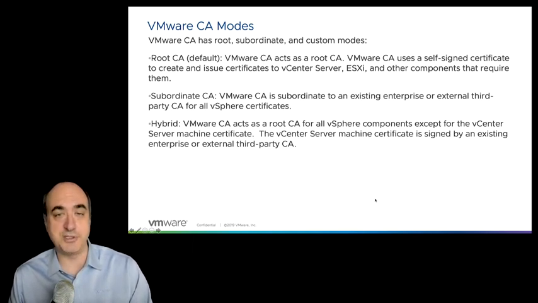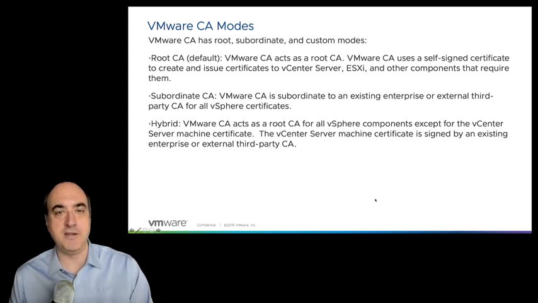So another option, a very common one, is running the VMCA in what's called hybrid mode. In this case, the VMware CA will still be a root certificate authority for all the vSphere systems, which basically means it's the root certificate authority for the ESX servers and all the solution users. That's basically the internal communications of the vSphere inventory.